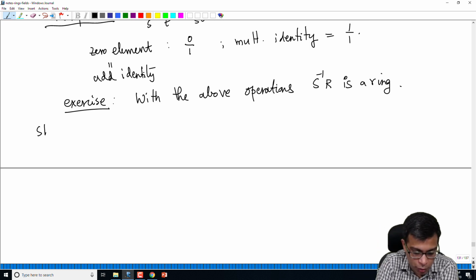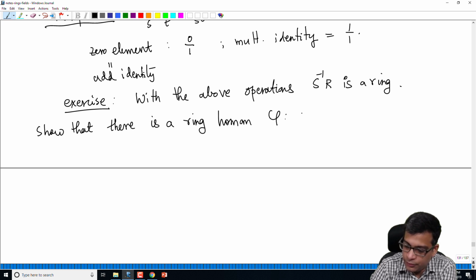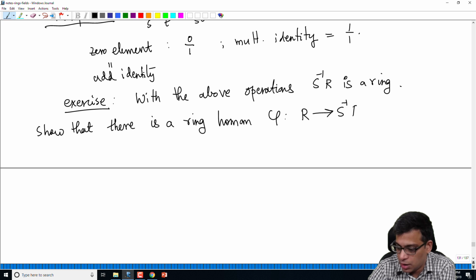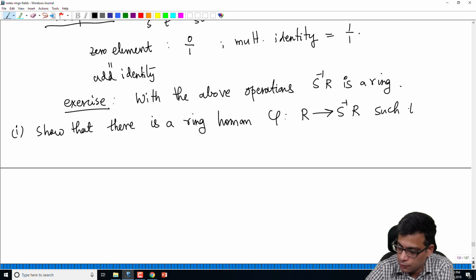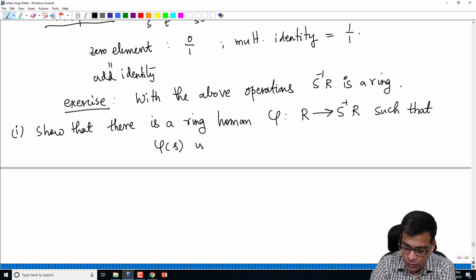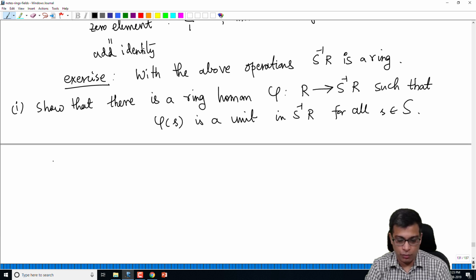Now the problem is to show that there is a ring homomorphism phi from R to S inverse R, such that phi of S is a unit in S inverse R for all S in S. Okay, so how do we show this?